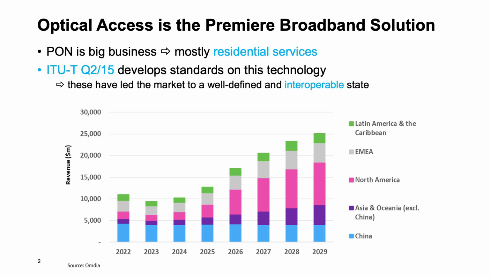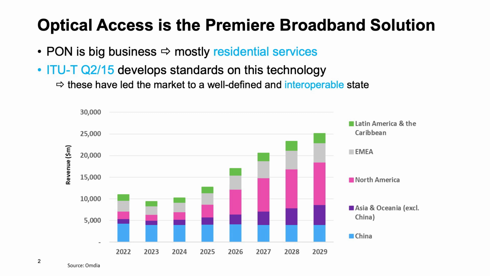Okay, so I think we all know here in this community that optical access is really considered the premier broadband solution, as we saw in a great presentation just now from Roger showing what's happening in the UK with BT's move to full fiber. Mainly, we've seen that for residential services. As I said, in ITU Question 2, Study Group 15 develops the standards for this technology.